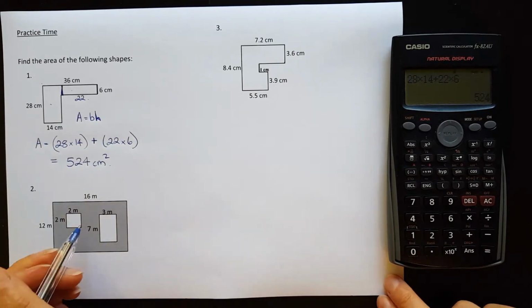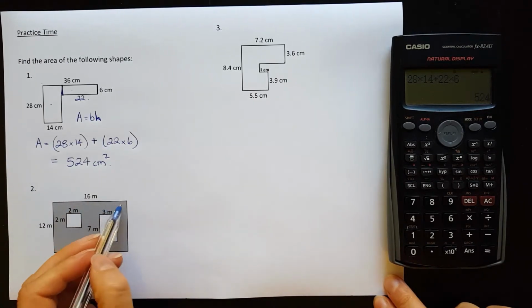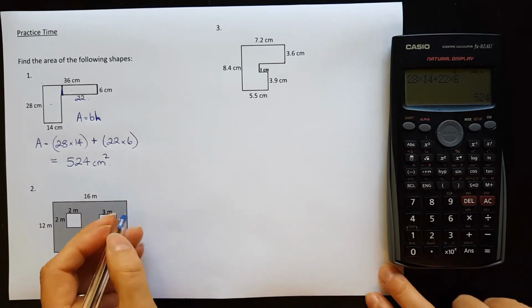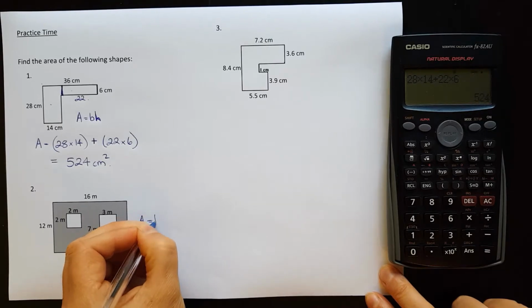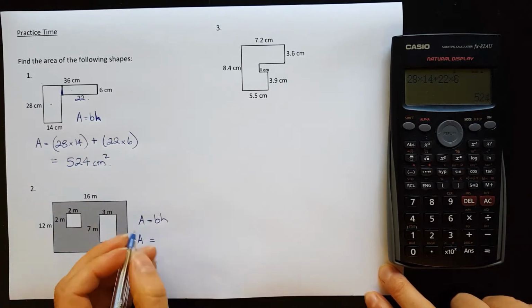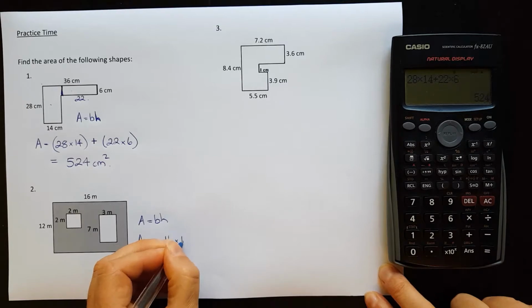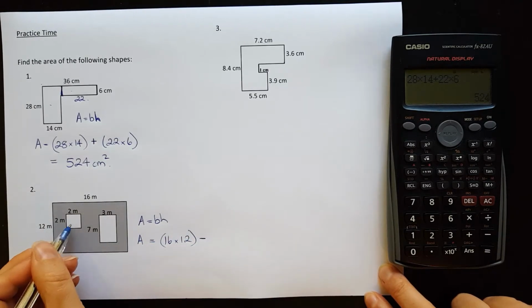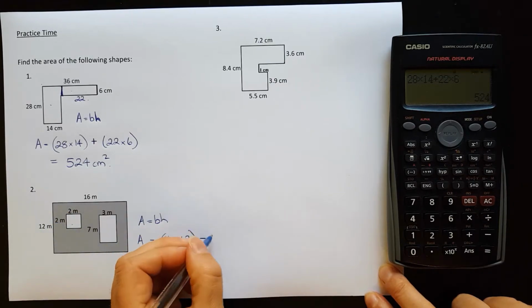Question 2, I'm finding the area of the shaded section. I have a big rectangle around the outside and actually 2 small rectangles to subtract off. The area of a rectangle is base times height. So for this question, the big rectangle around the outside is going to be 16 times 12. Then I need to subtract off, let's do this one first, this little one, which will be 2 times 2.